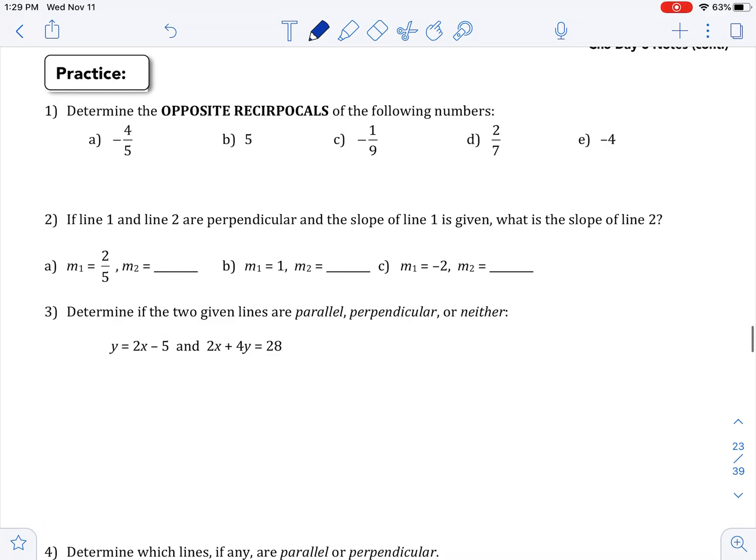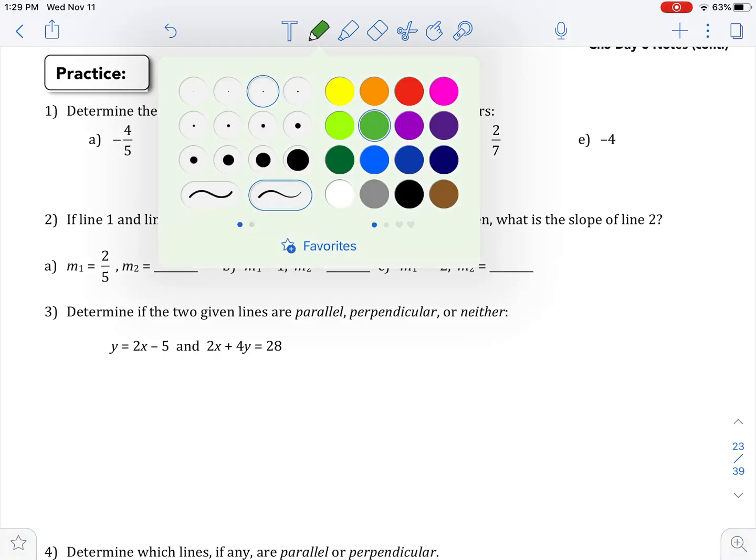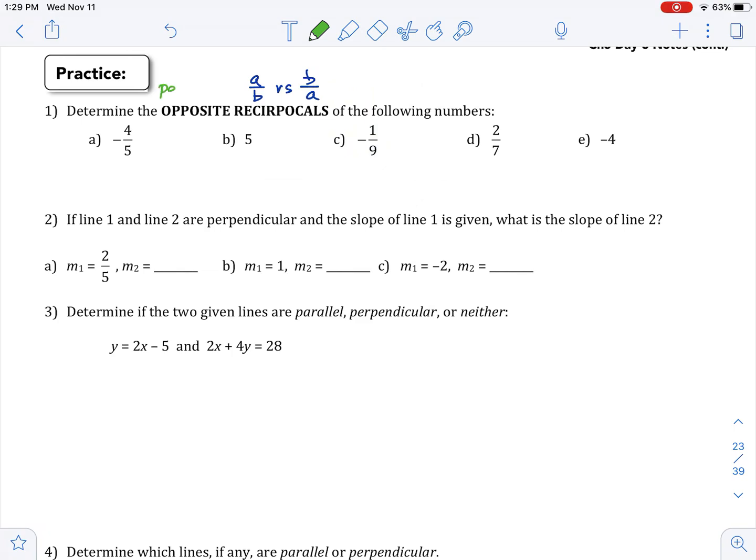So here we get into opposite reciprocals. One more time if you missed that. Reciprocals are A divided by B versus B divided by A. Opposites, we said, are a positive number versus a negative number.